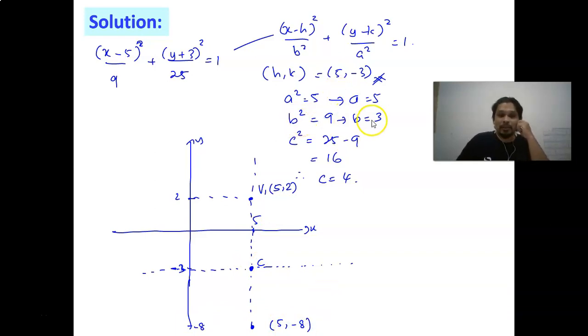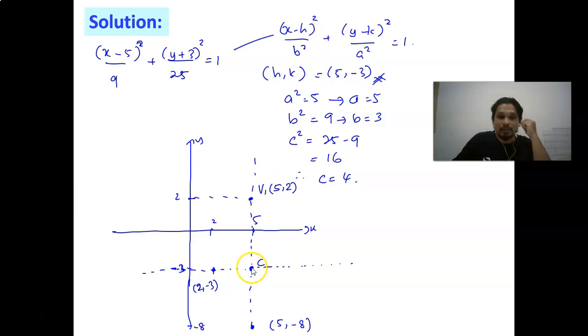b equal to 3. So from the coordinate of 5 here, move 3 units to the left. So 5 minus 3 equal to 2. Then this is the coordinate of x equal to 2, y equal to negative 3.